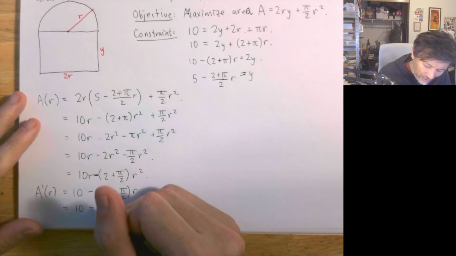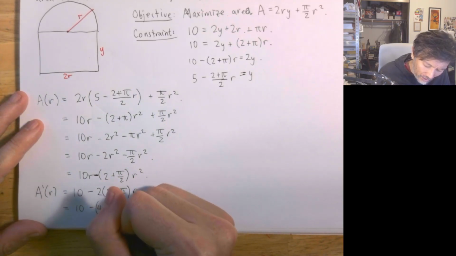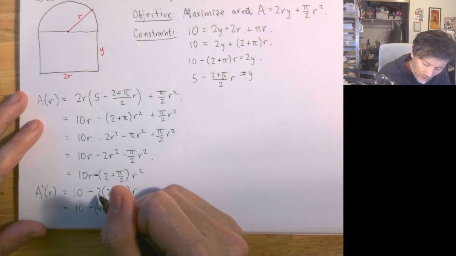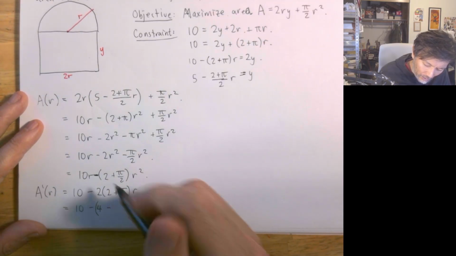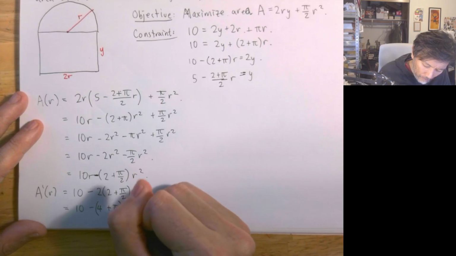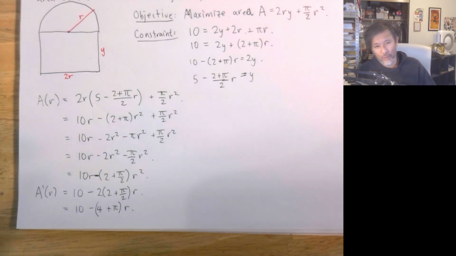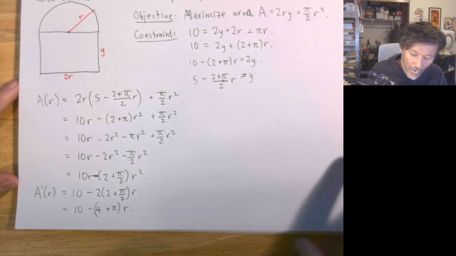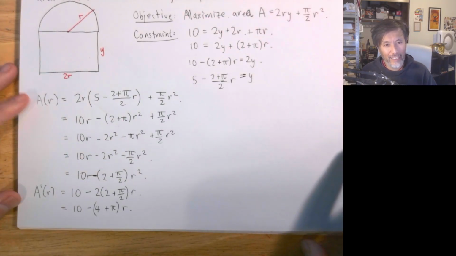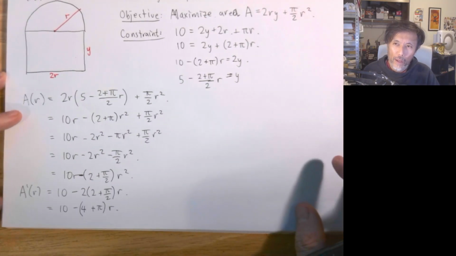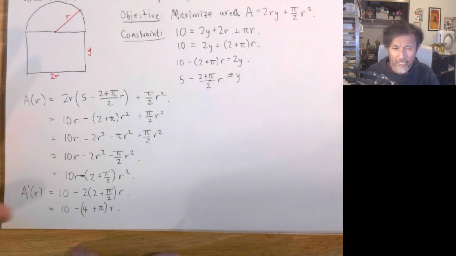I'm going to just distribute the 2 and then leave the minus out there. So I have 2 times 2, which is 4, and 2 times pi over 2, which is pi. Okay, there we go. Note that this is never undefined, as I think I just said.